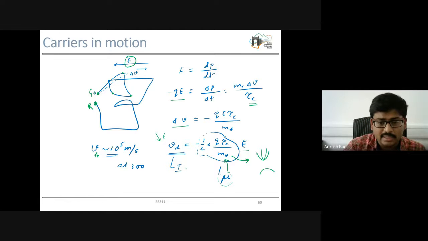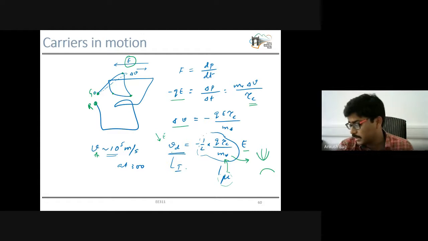And now what about this drift velocity? What do you think? Is this speed or velocity very high, like the thermal velocity, or is it very small? I think this was the discussion where we stopped last time.